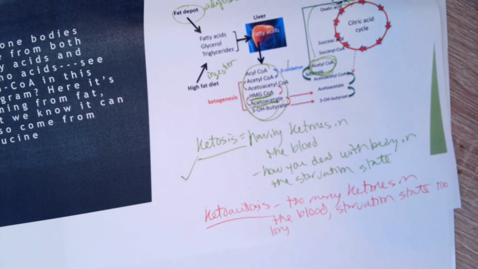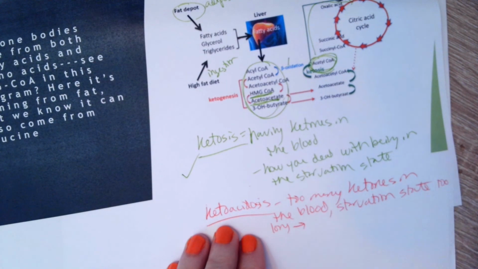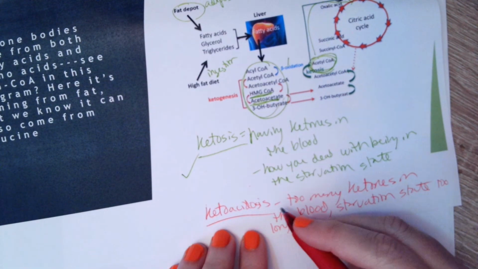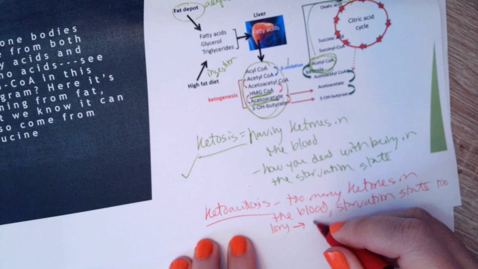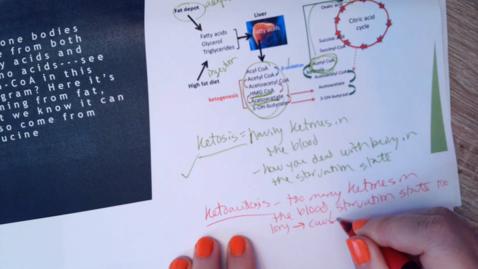You're losing muscle mass, you're losing cellular structure, your enzymes might not be working so well, you might be getting deficient in some proteins, but a more immediate danger is that keto acids, by nature, are acidic, and they can mess up the pH of your blood and cause you to be more acidic.